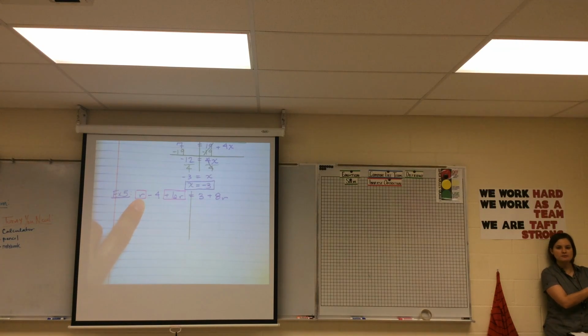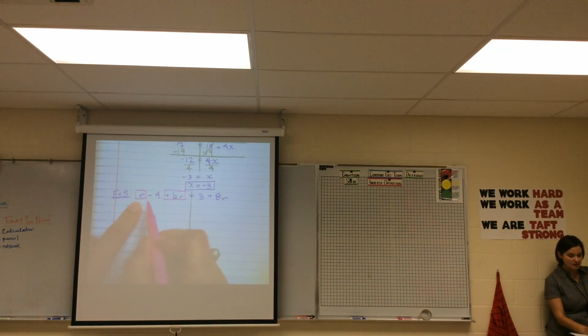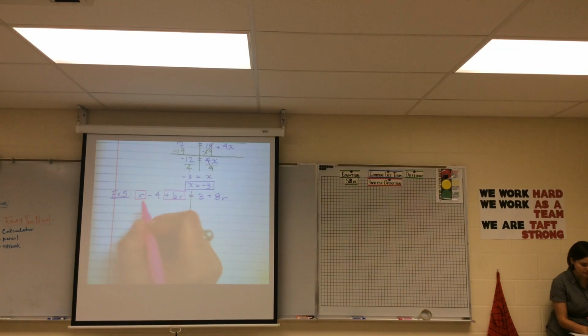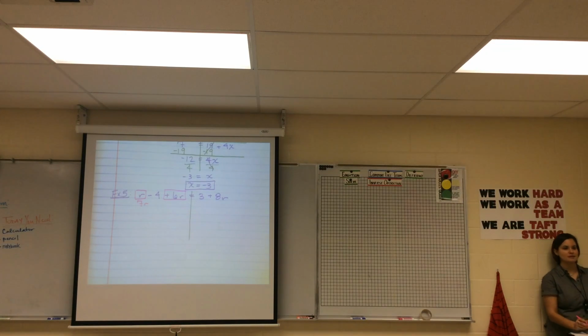Is that r positive or negative? Positive. But that negative after it, is it easy to confuse it and think it's negative? Yes. So be careful because we're looking at just the sign in front. So 1r and 6r are 7r.